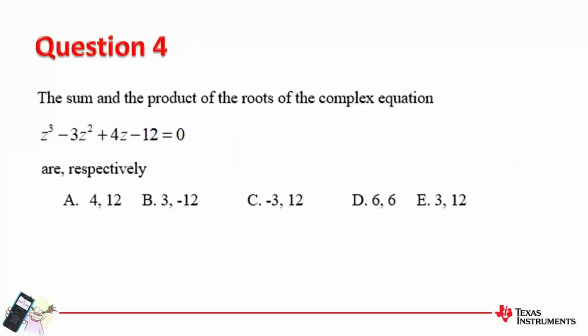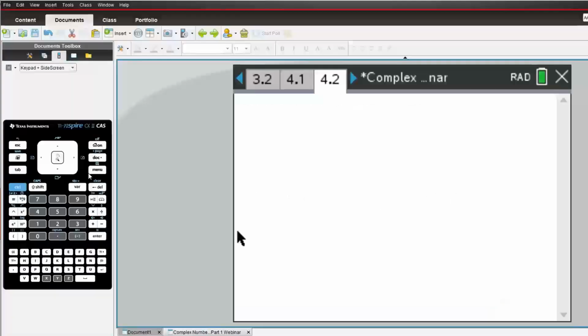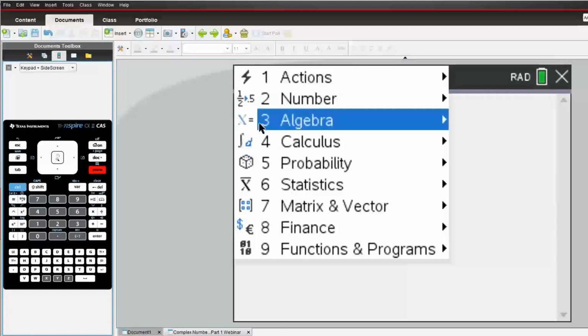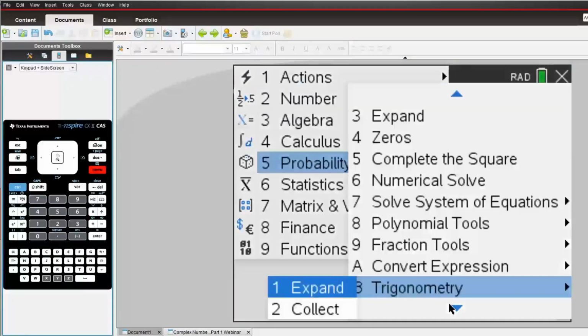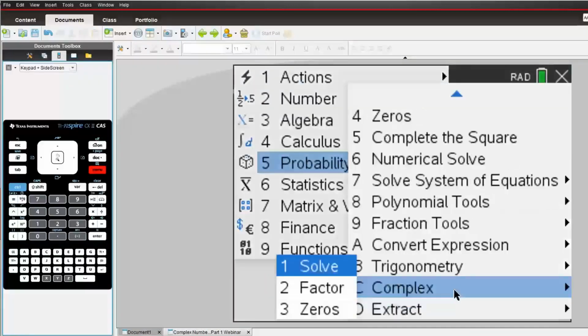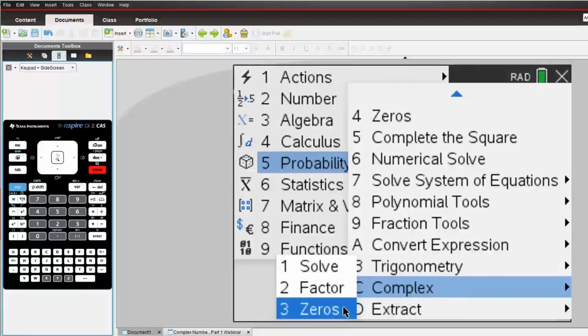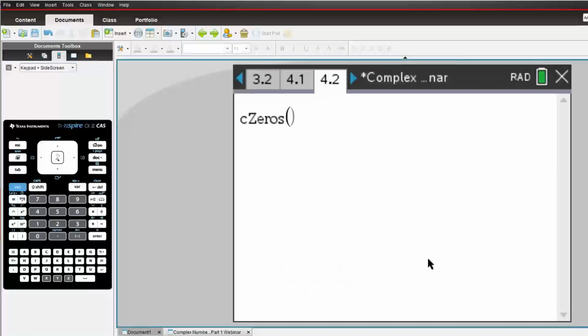Another question, a typical multiple choice question, is the sum and the product of the roots of the complex equation here. So let's get a calculator screen again. And this time we would need to use algebra, and we need to scroll down to complex numbers, and I will use zeros.